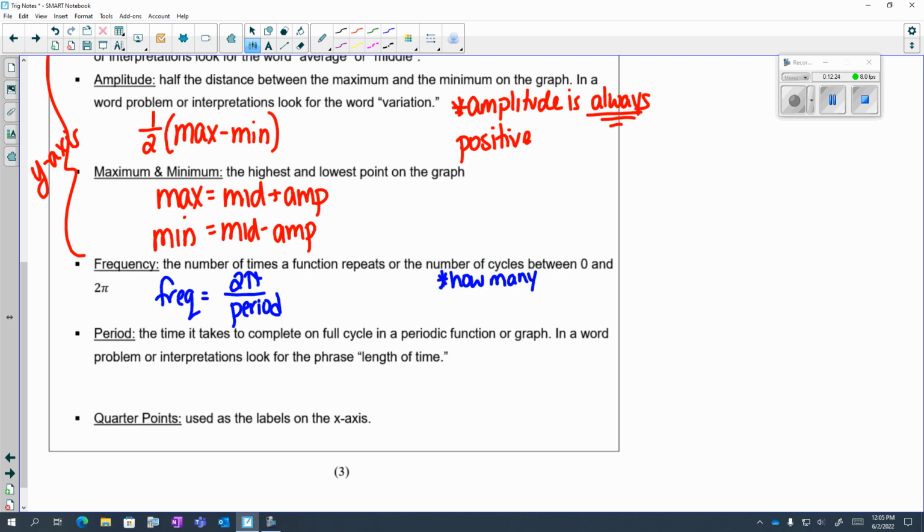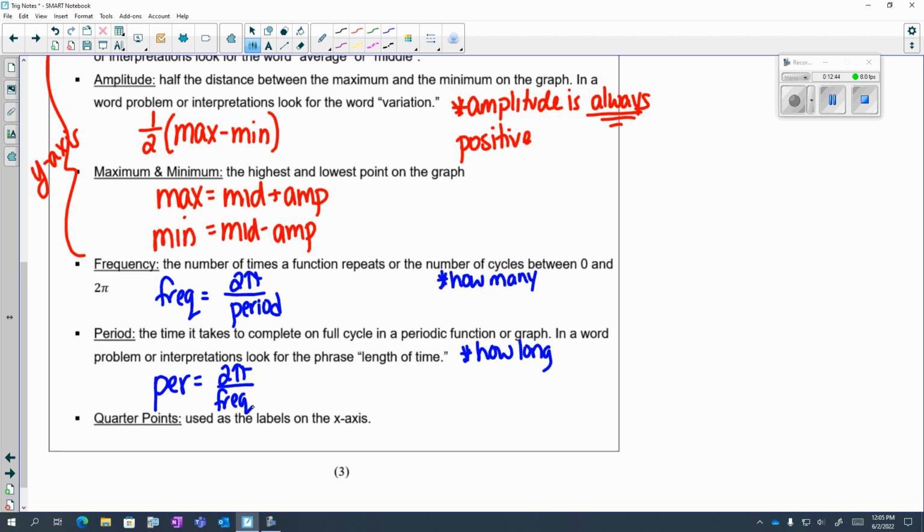Period is the time it takes, so you should be thinking how long. And remember, it's for one full cycle. If you need to find the period, it's 2 pi over the frequency.